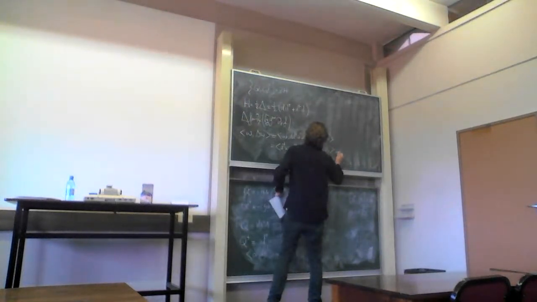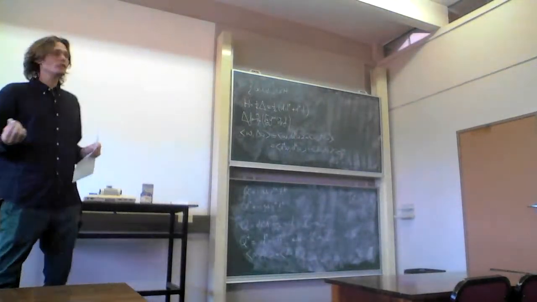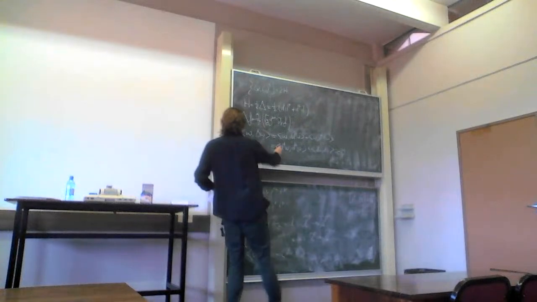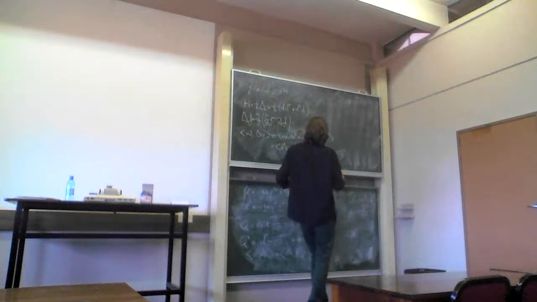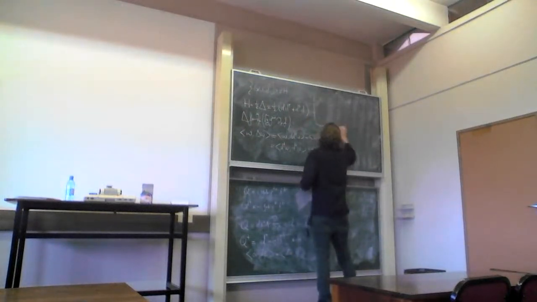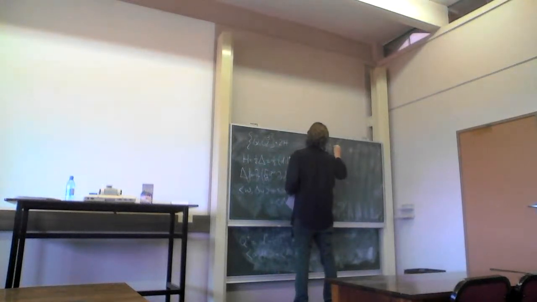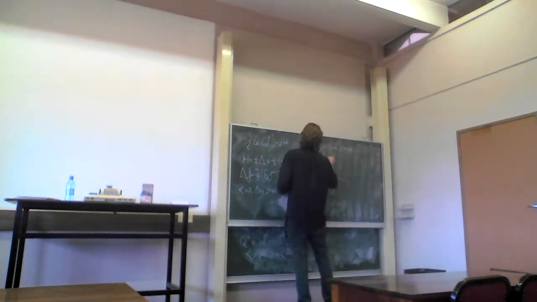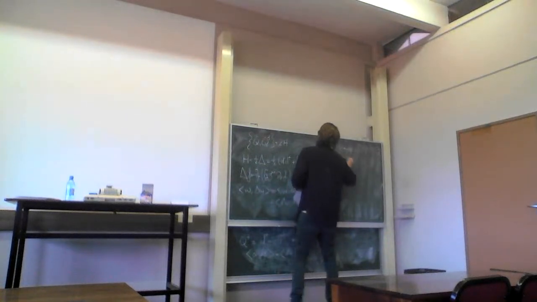So in particular, the sum of two norms is greater or equal than 0, and only saturates 0 when both of these guys are 0. So we have that the expectation value of the Hamiltonian is equal to 0 if and only if d omega and d dagger omega are equal to 0.